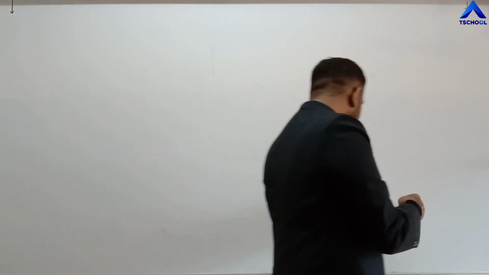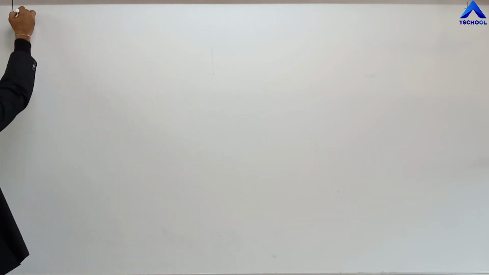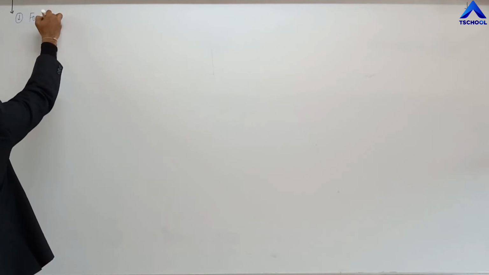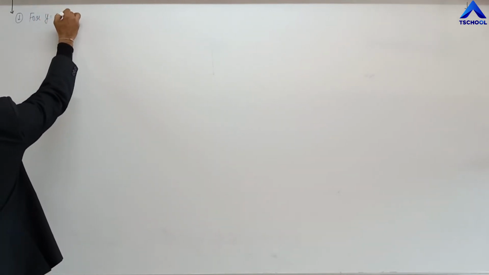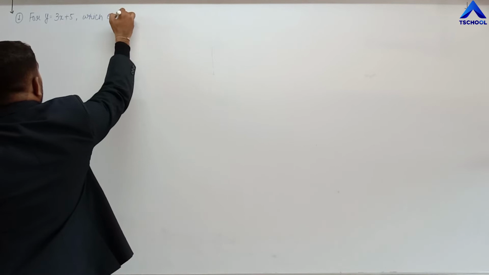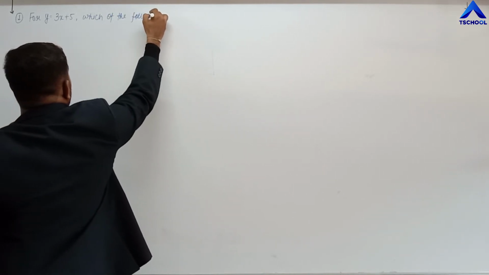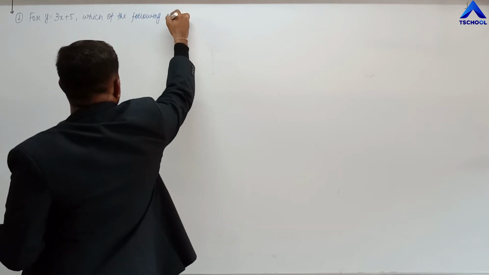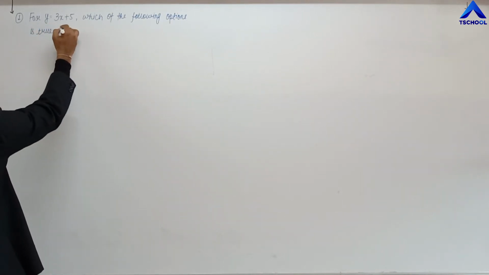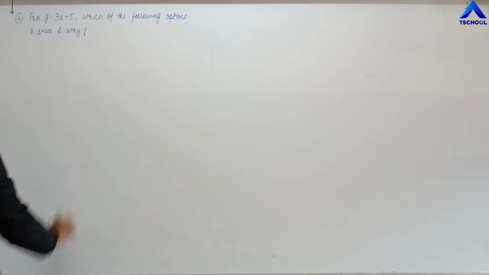Okay, now we shall move on to the next topic. I have some questions here. The first question: for y = 3x + 5, which of the following options is true, and why?